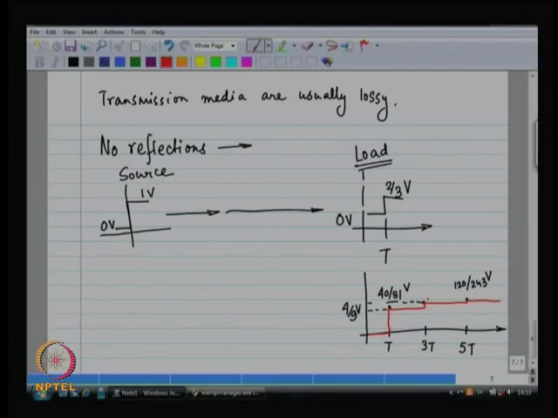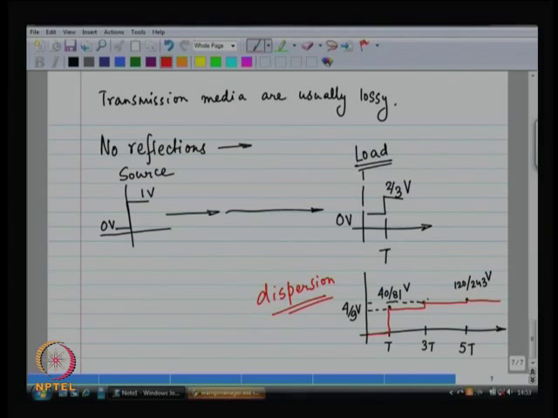This phenomenon is called dispersion: the fact that I got an approximation to a pulse, no longer a pulse.